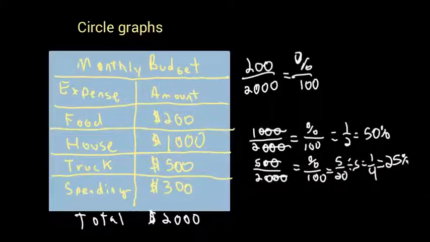So here I'm just going to solve it like a percent. So 200 times 100 would be 20,000 equals 2000 P for percent. So now I'm going to divide by 2000. So 3 zeros are going to cancel. So my percent is going to equal 20%.